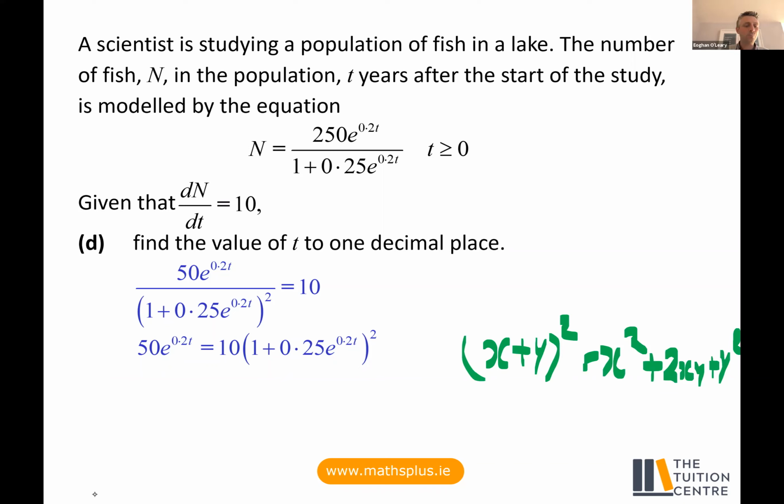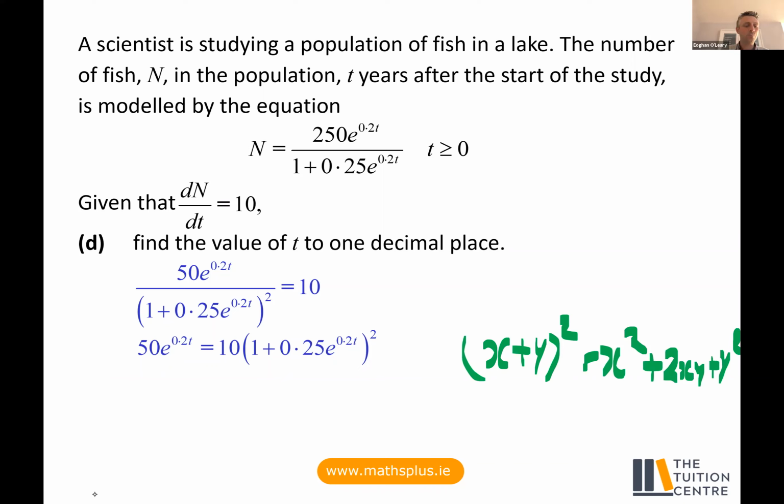I'm going to square the last, so 0.25 times 0.25, 0.0625, and e to the power 0.2t times e to the power 0.2t is going to give me e to the power 0.4t, as we've seen earlier on. If I multiply 1 times 0.25, I get 0.25. I double that, I get 0.5, and it'll be 0.5 times e to the power 0.2t.